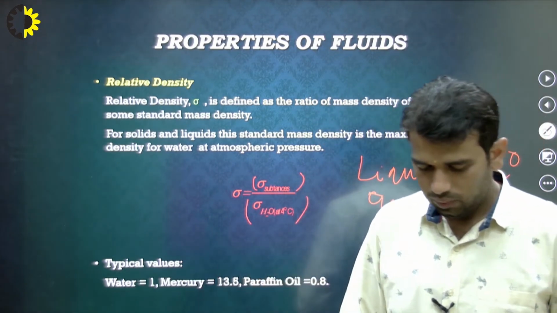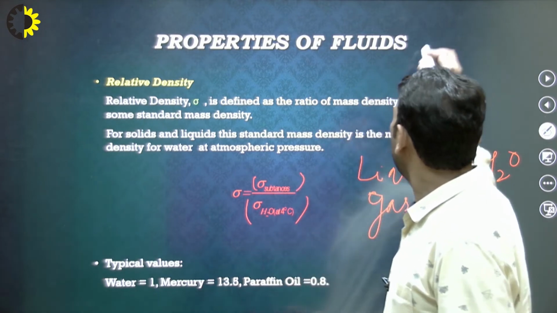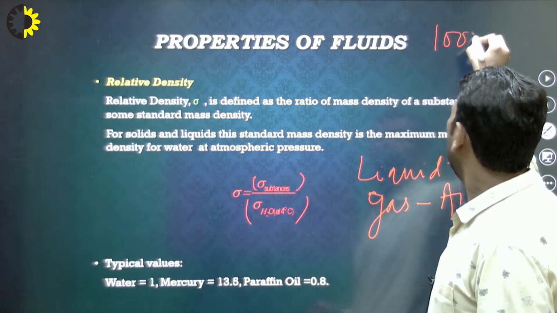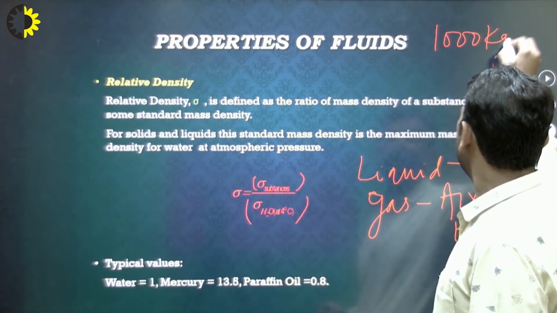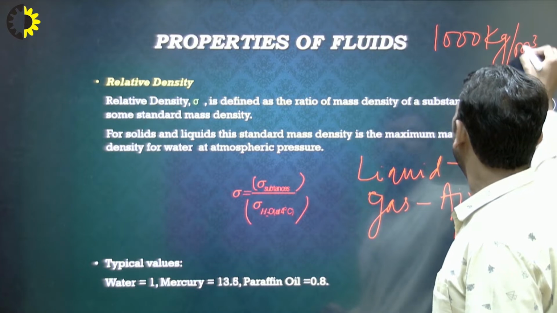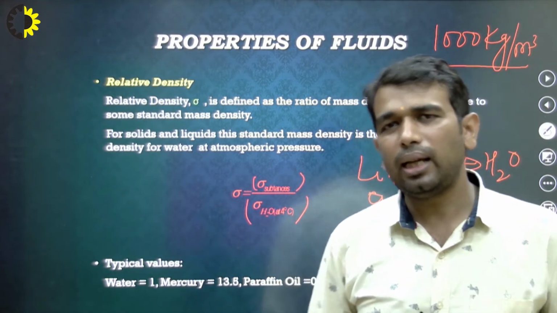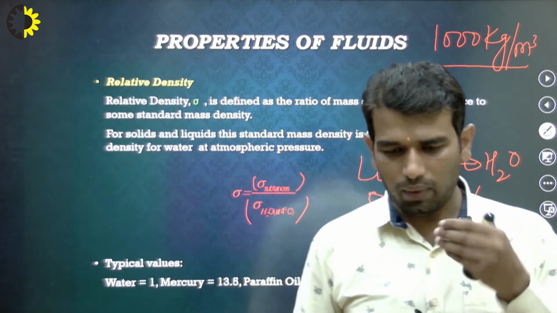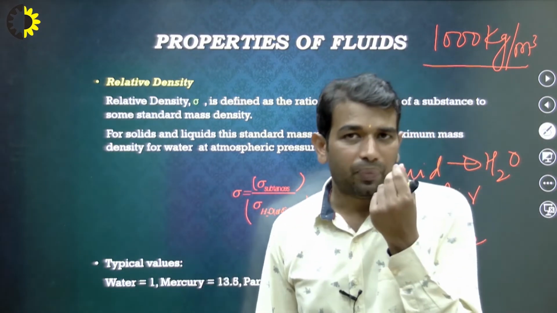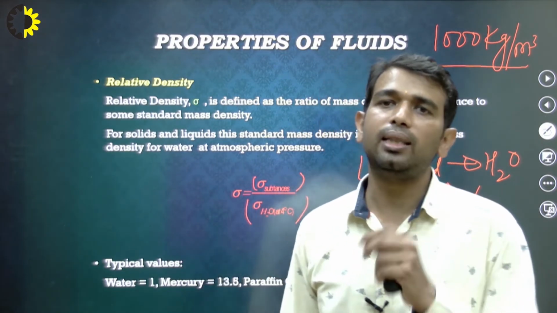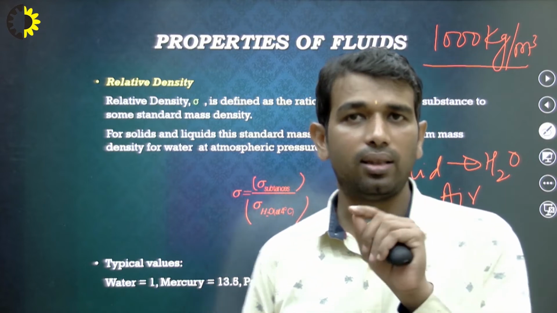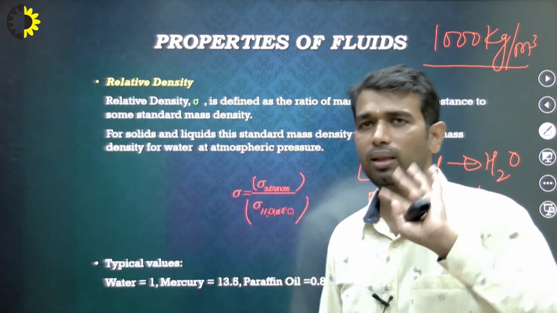In general, at normal temperature and pressure, it is very close, not exactly the same. So I will not call it a perfect magnitude, but for the sake of reference in our syllabus, the mass density of water is 1000 kg per meter cube.